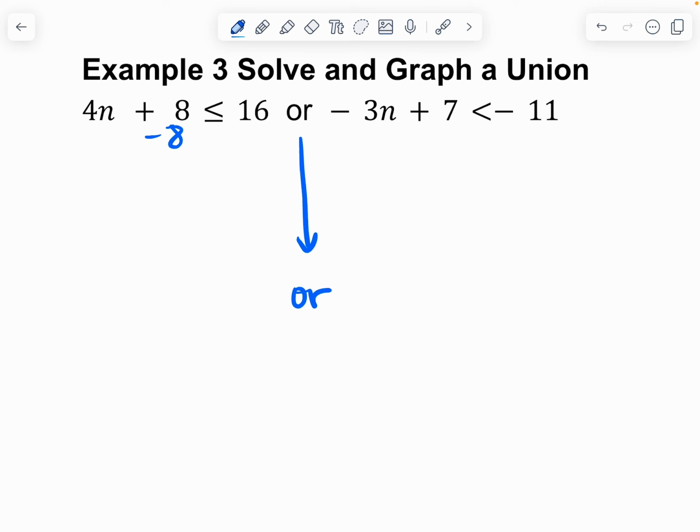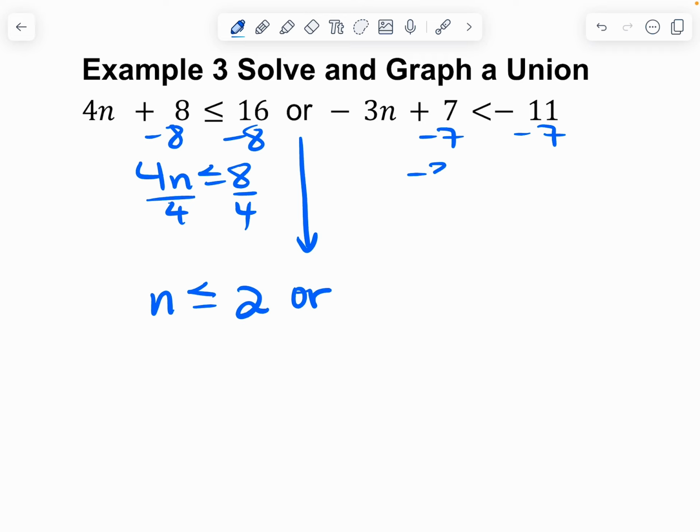So I subtract 8. I get 4n less than or equal to 8. Divide by 4. And I get n is less than or equal to 2. Or I subtract 7 from both sides. Get negative 3n is less than negative 18. I divide by negative 3. I divided by a negative number, so my inequality changes directions.